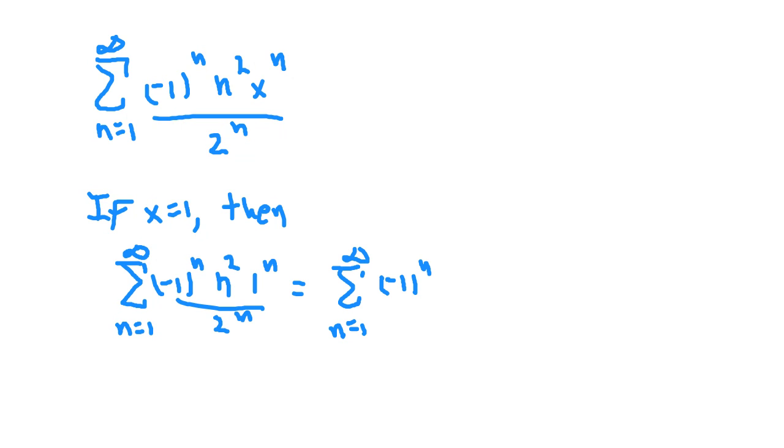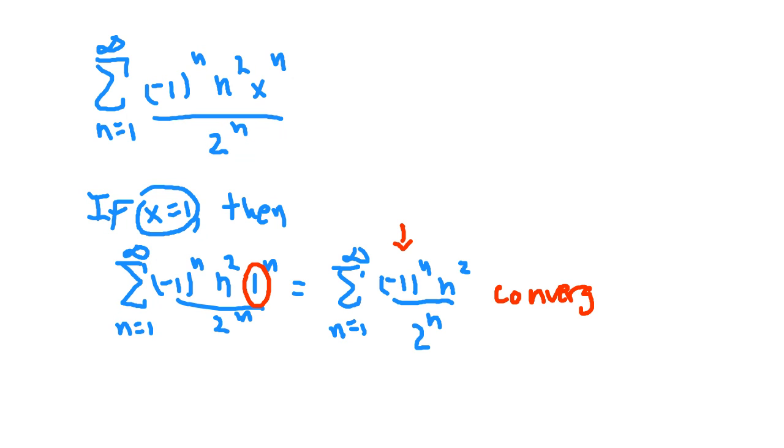It's not a power series anymore because there's no variable x. We're letting x equal 1. So you see how I'm substituting a 1 in for x here. And 1 to the nth power is just 1. And so the series becomes this series, and that series is going to converge.